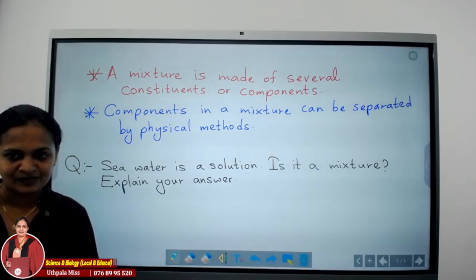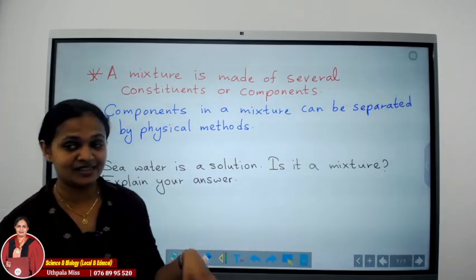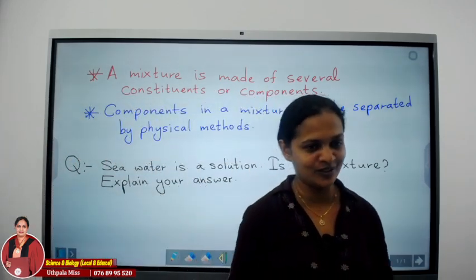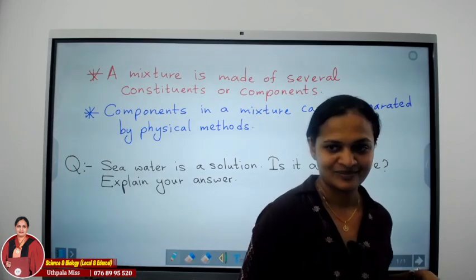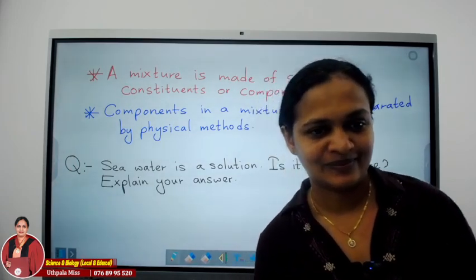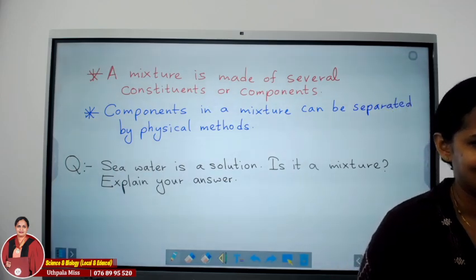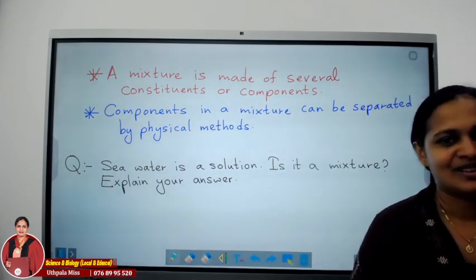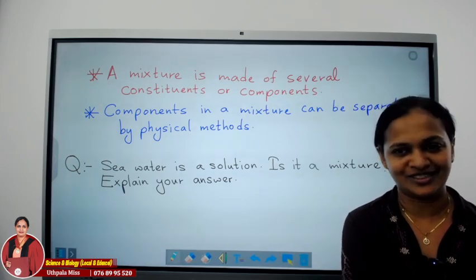Teacher, can I say? Yes, we'll ask whether it is a mixture or not first of all. Sanaya, what do you think? Yes or no? Is it a mixture or not?